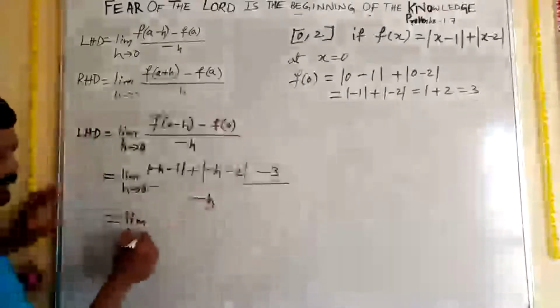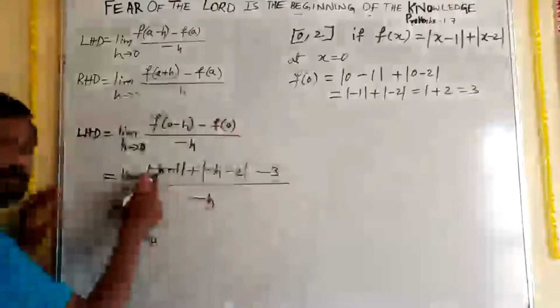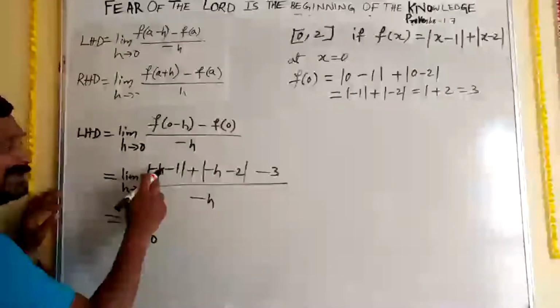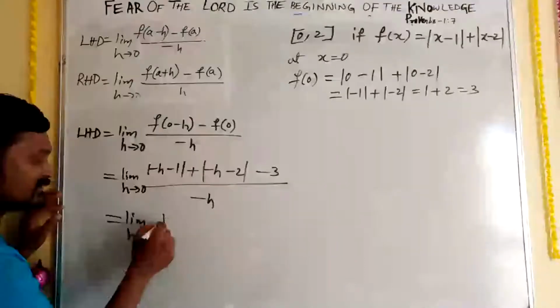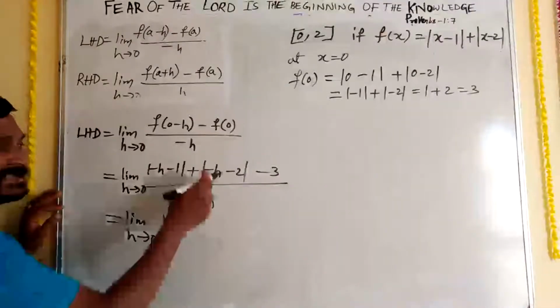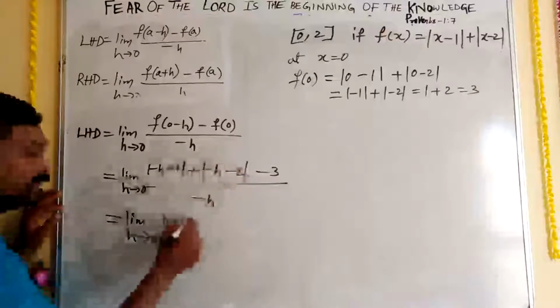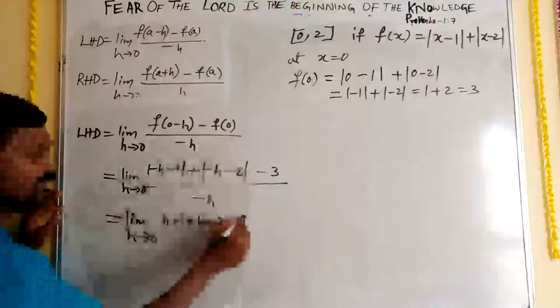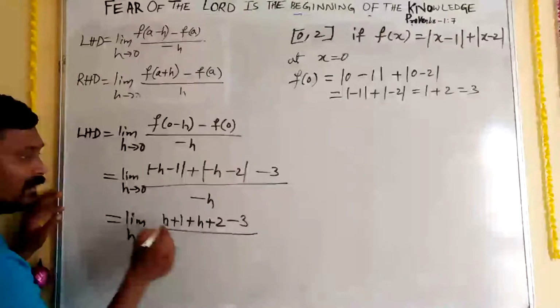That is equal to limit h tends to 0. Take the minus common, then you get modulus of minus of h plus 1, which is nothing but h plus 1. Same method, modulus of minus of h plus 2 is nothing but h plus 2. Here minus 3, as it is minus 3 upon minus h.